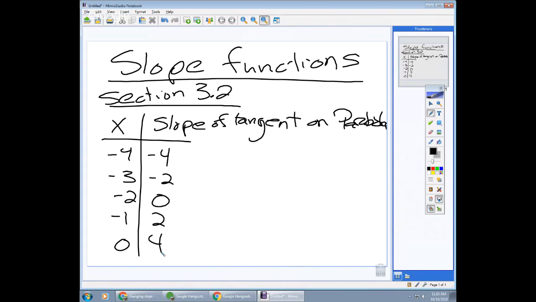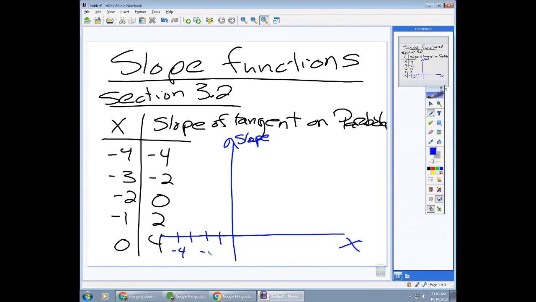If we were to plot these as points, x versus slope value, let's see, I need over here. That's -4, that's -2, that's -3, that's -1, 0, and then we have, oh man, I put my grid in the wrong spot.